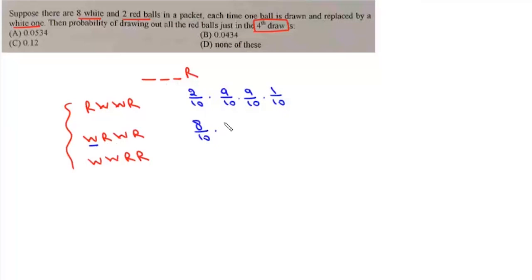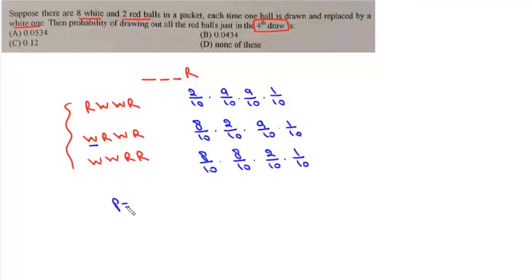Now the second one is red, so it will be 2 by 10. Now we'll have 9 white and 1 red, so it will be 9 by 10 into 1 by 10. Now this white is 8 by 10 into 8 by 10. Now here it is 2 by 10 and here it is 1 by 10.